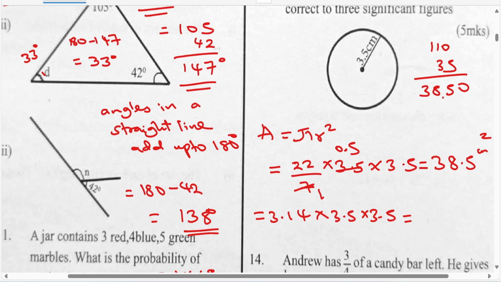That's 3.14 times 3.5 times 3.5, it gives you 38.465. So 3 significant figures, 1 2 3. So you look at the number which is in front of 4, which is 6, greater than 5. So write it still as 38.5 centimeter square. So whichever one you use, 3.142, 3.14, it's just the same.